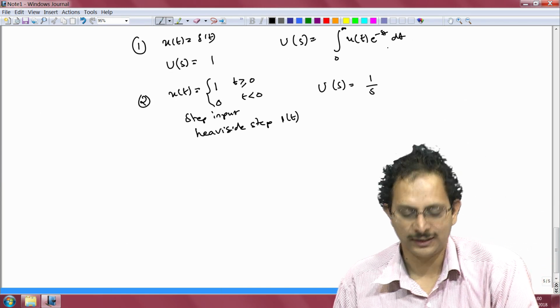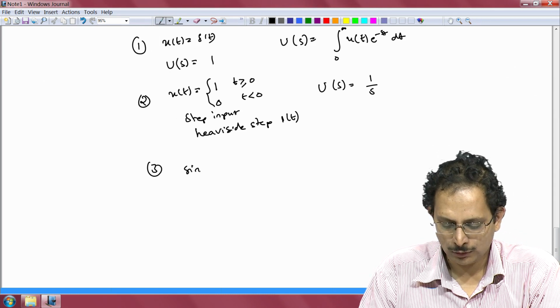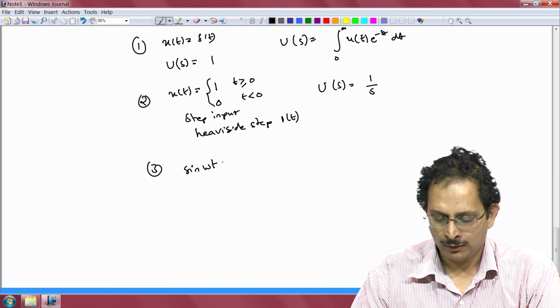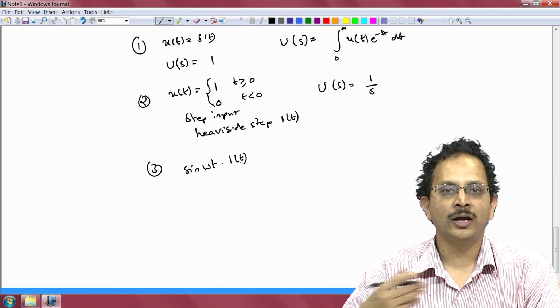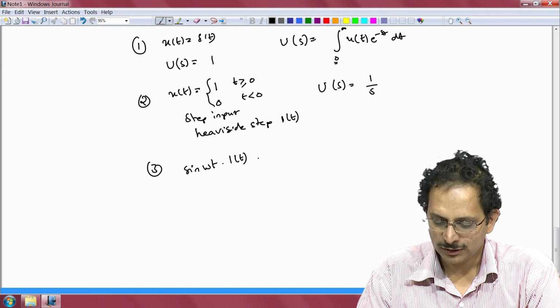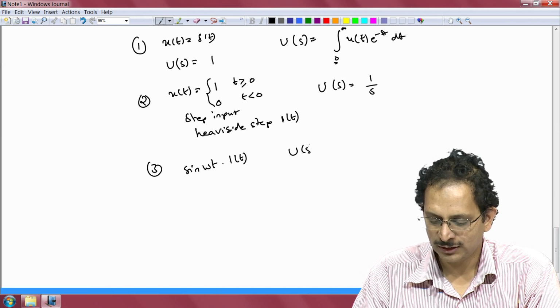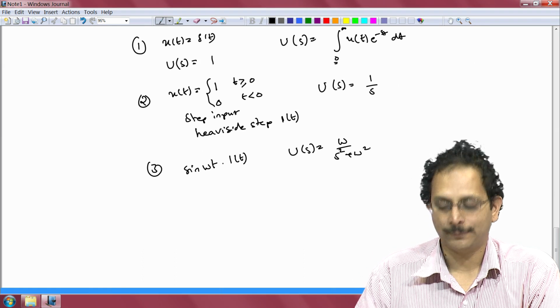Third is a sinusoidal signal sin omega t times 1 of t, because we are looking at signals that are starting only at time t equal to 0, and for this we can show that u of s is equal to omega by s square plus omega square.